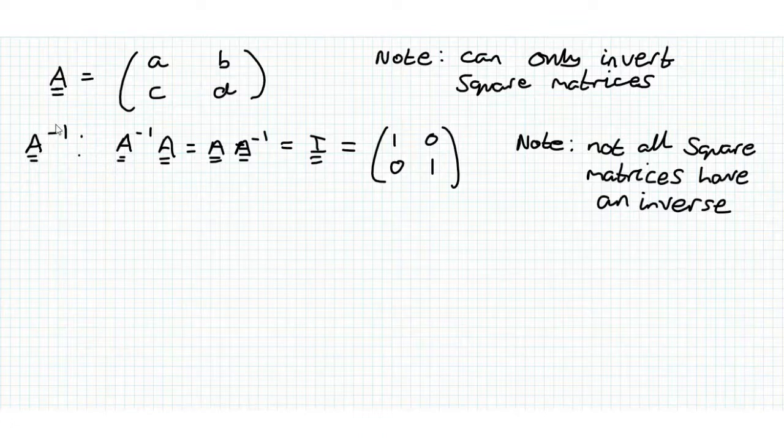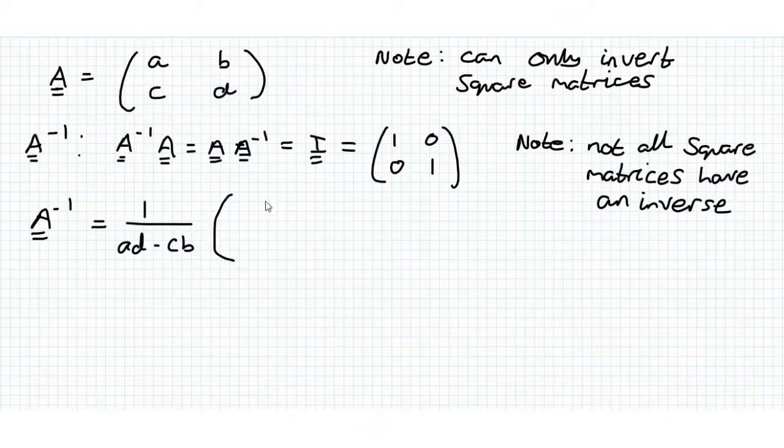So we've got A is equal to a, b, c, d, and to find A inverse, what we have to do is we take 1 over ad minus cb, and this thing on the bottom is called the determinant, and we'll come back to that in a minute.